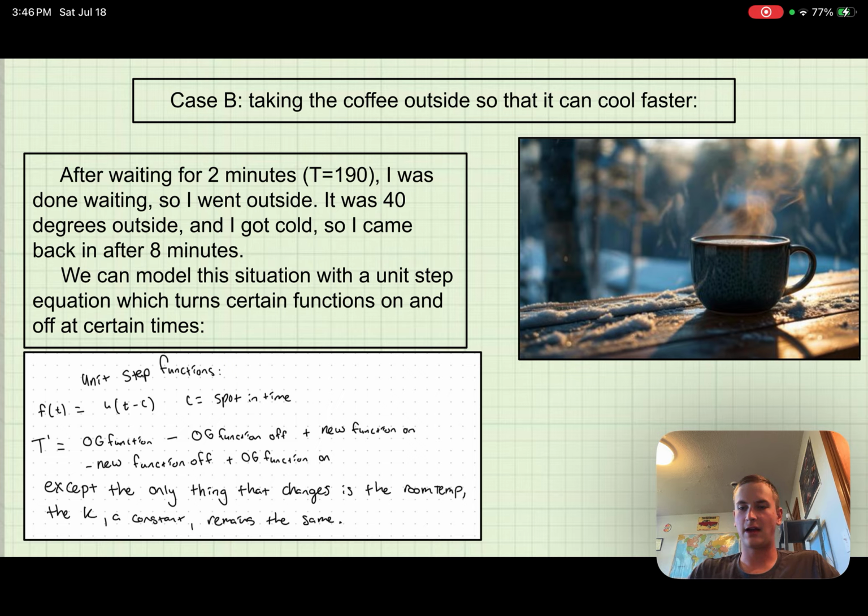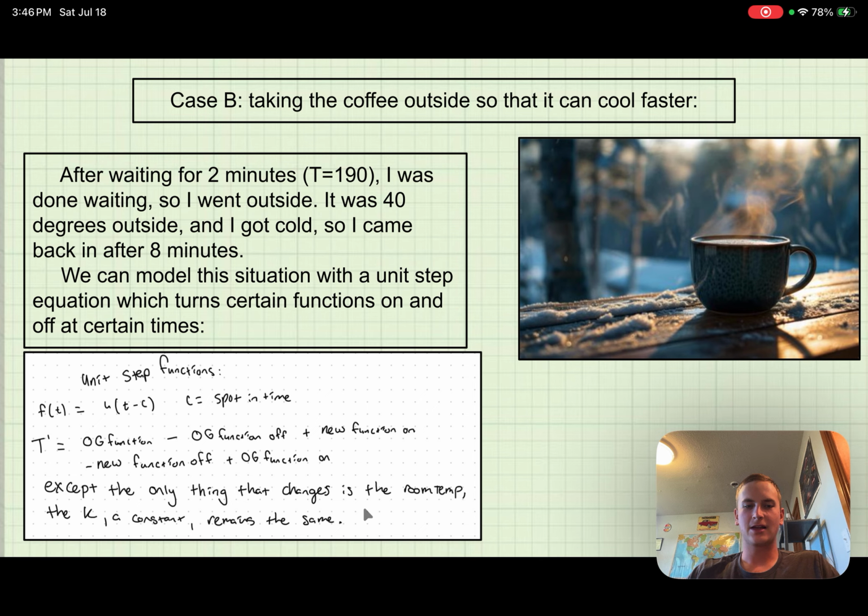Then when time equals 10 minutes, so I spent 8 minutes outside plus the 2 minutes inside, I'm going to turn off the function for 40 degrees outside, and I'm going to turn on the function for 70 degrees inside. It's a little bit confusing.